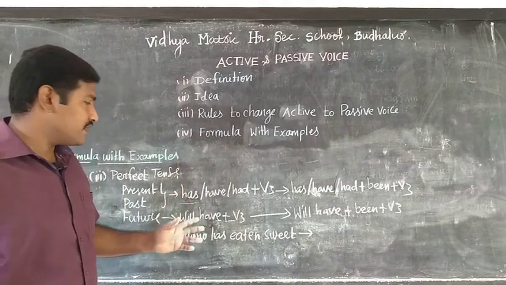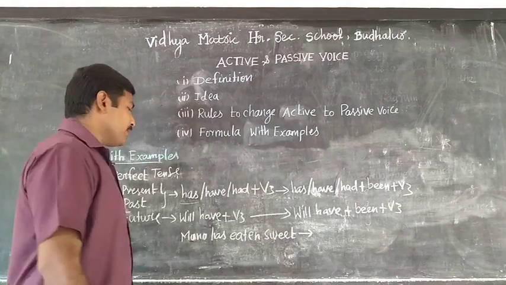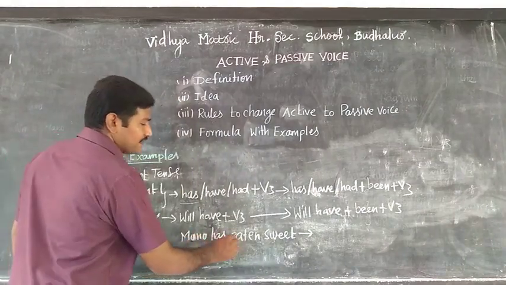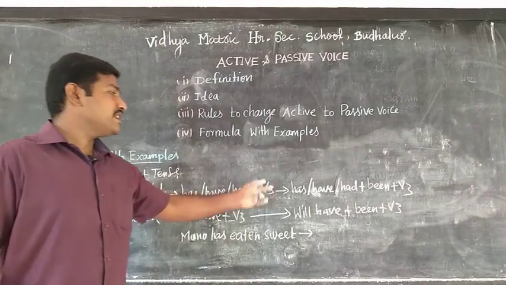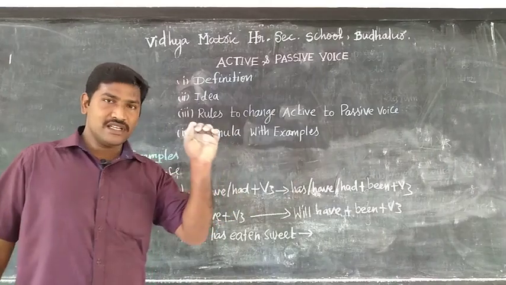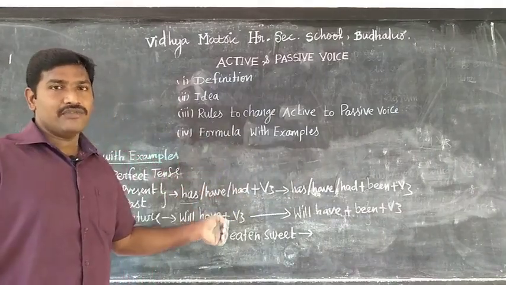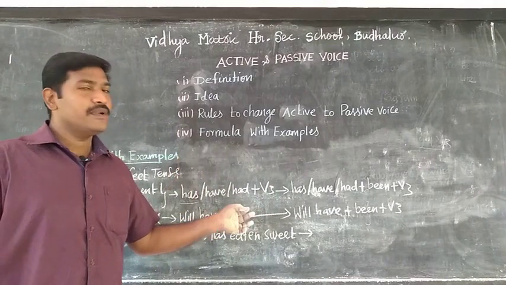Otherwise there is no difference. The couple of them refer to the present tense only. So Mano has eaten sweet. What is the formula? Have form plus V3 changes into have form plus been plus V3. We should insert been between the have form and the main verb, and change the main verb into V3.